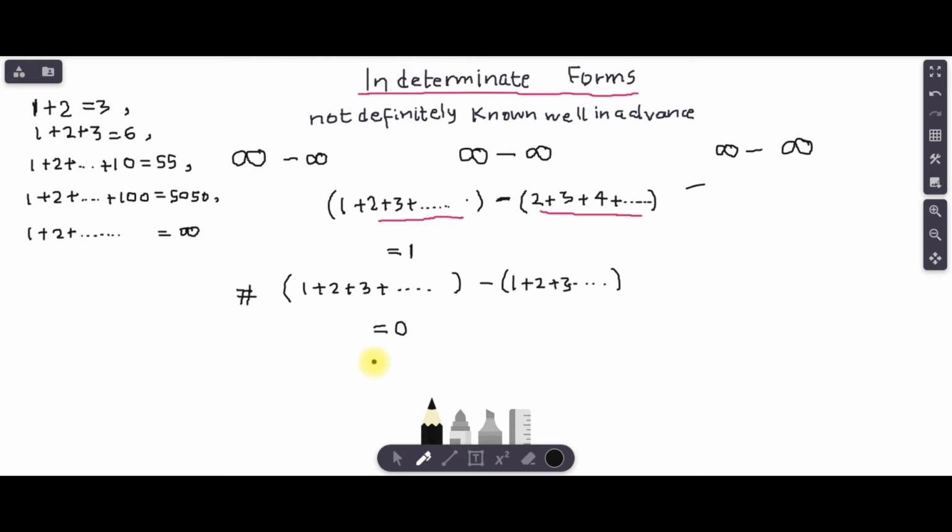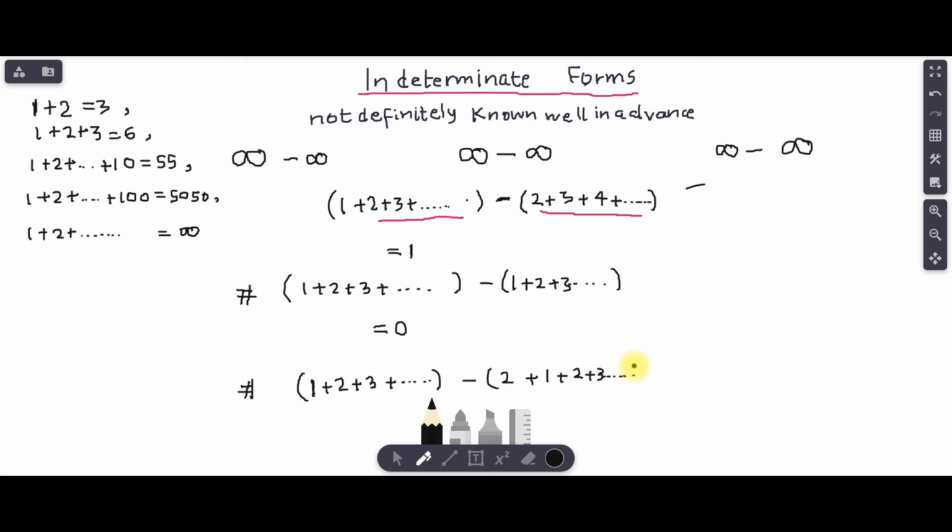Can the answer be minus 2? So what I'm going to do in this case, I'll write 2 and then I'll write the same 1 plus 2 plus 3 dot dot dot.